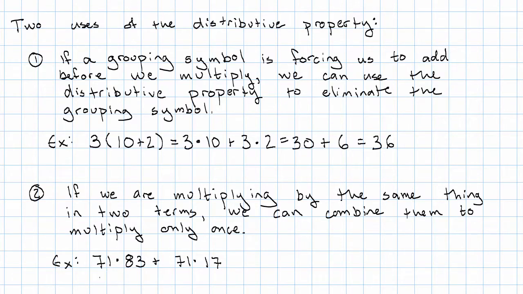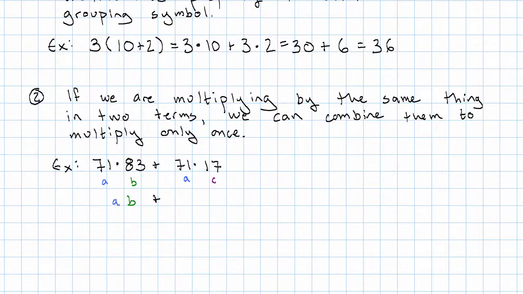In the distributive property, 71 is playing the role of my a. I'm multiplying by 71 in two different terms. 83 is playing the role of my b, and 17 is playing the role of my c. So I have a times b plus a times c.